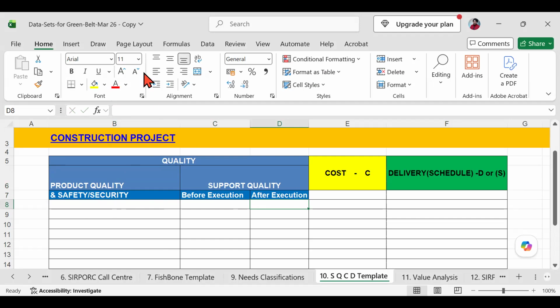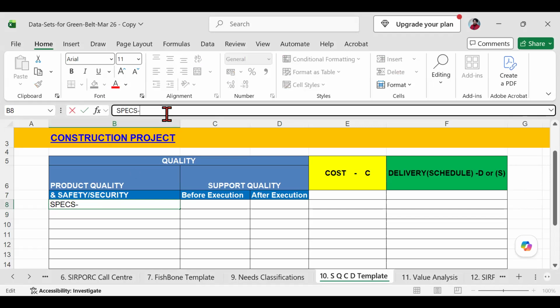So what would be included in the product quality in your construction project, what you deliver to the customer? Specification, okay. So when you say specification, it would be quality, accuracy.